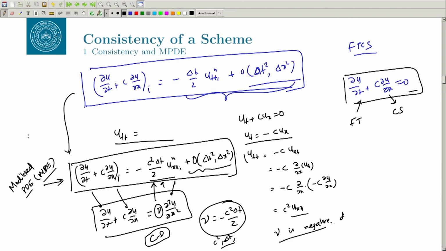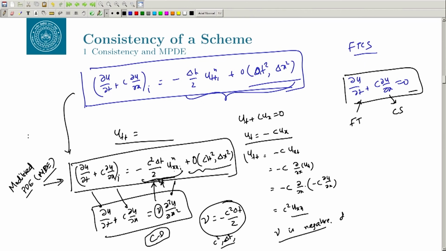Earlier, when we solved the diffusion problem, we saw that when the nu is negative, the numerical diffusion is negative and it blows up very, very fast. That is precisely the reason why you are not able to use the FTCS scheme in solving your linear convection problem, because the scheme gives you a negative diffusion, and that leads to the blow up of the scheme.